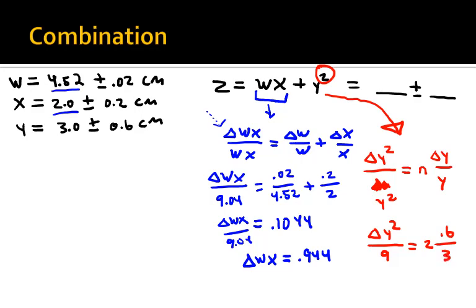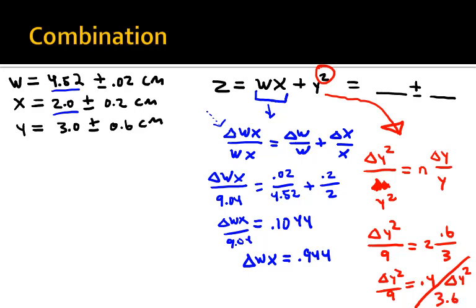So 0.6 over 3 times 2 is 0.4. So 0.4 equals the uncertainty of Y squared over 9. So the uncertainty in Y squared is 3.6.